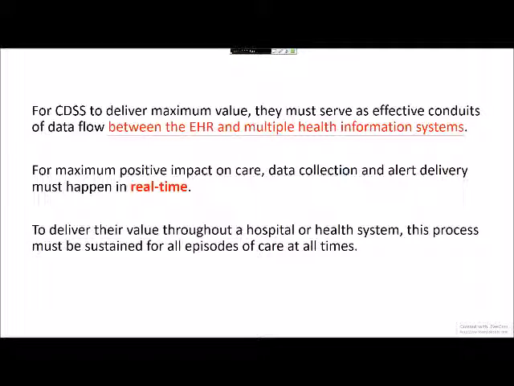Data collection and alert delivery must happen in real time to deliver their value throughout a hospital or health system. This process must be sustained for all episodes of care at all times.